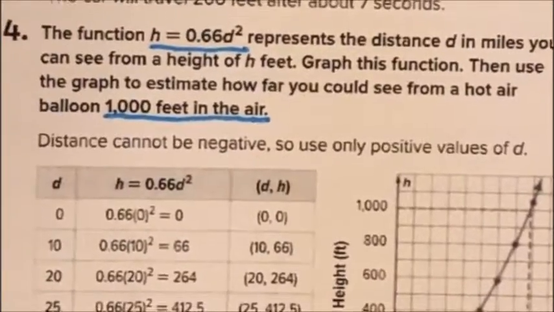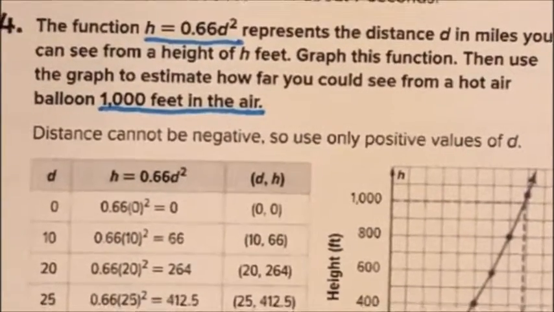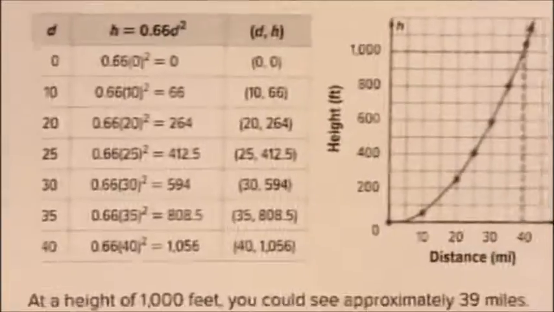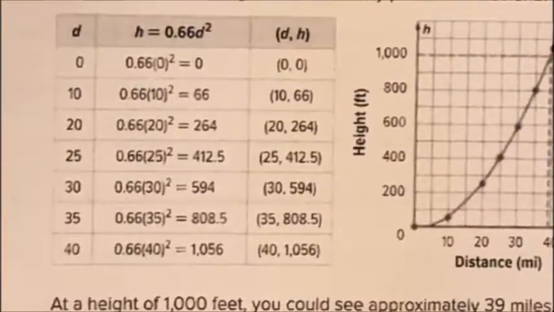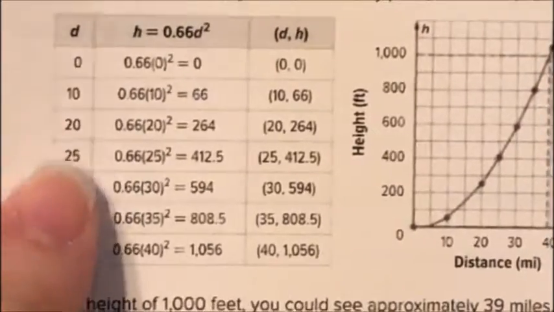So just like time, distance cannot be negative, so we're going to use only positive values of d. Okay, so I picked a couple positive values. So I've got 0, 10, 20, 25, 30, 35, and 40.